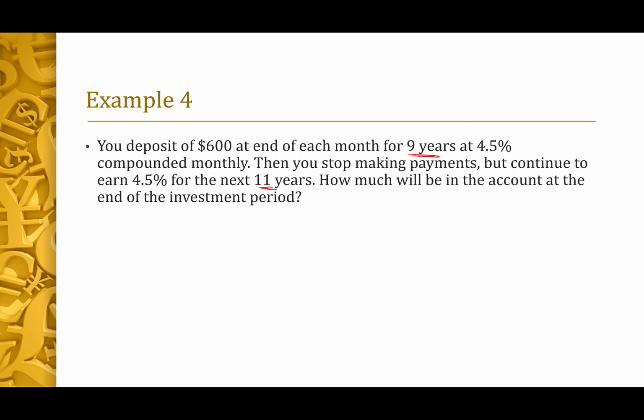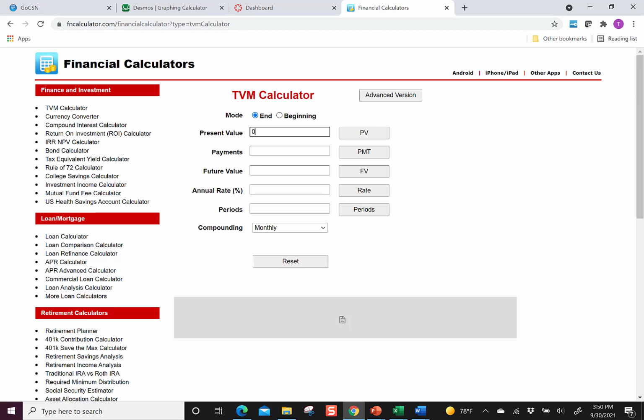So let's start with the first part, where we're depositing $600. So this is our payment. And then the 9 years is our time. 4.5% is our interest, and again, this is monthly, so this would be our N. We started at 0. Our payment this time was $600. We want to know the future value. We had a 4.5% interest rate.